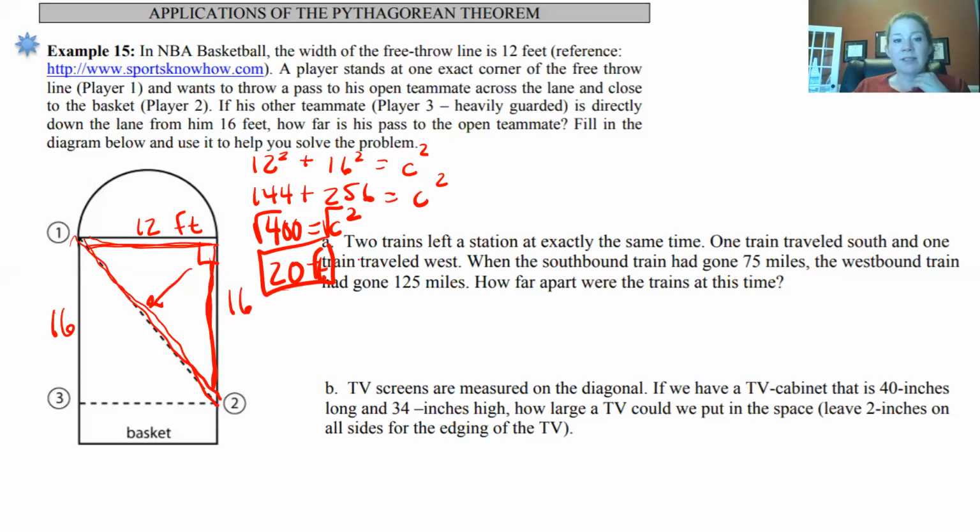All right. Two trains left a station at exactly the same time. So we have two trains. One train is going south, and one is traveling west.